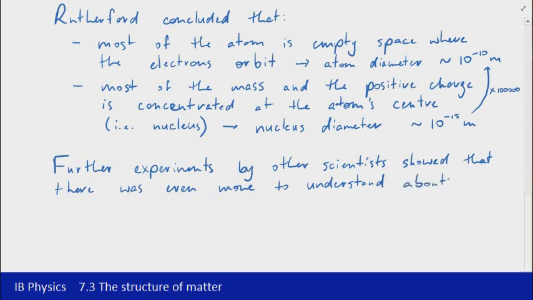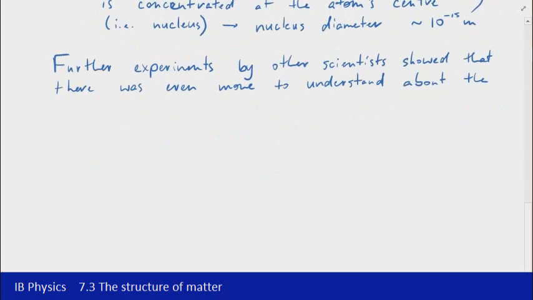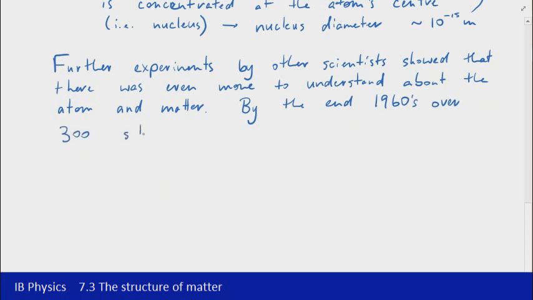So we don't arrive at our understanding just by happenstance. We have arrived here because numerous scientists have discovered certain aspects about matter and the atom and what they're actually made of. To put it into context, by the end of the 1960s, there were over 300 subatomic particles that had been discovered.